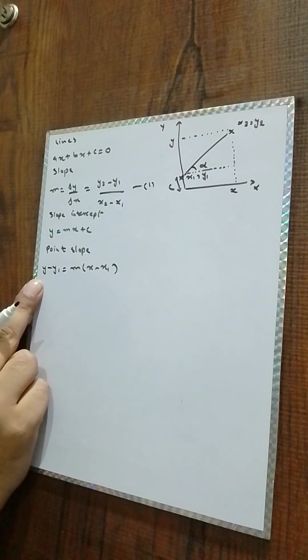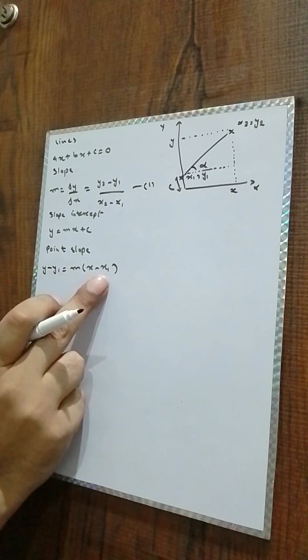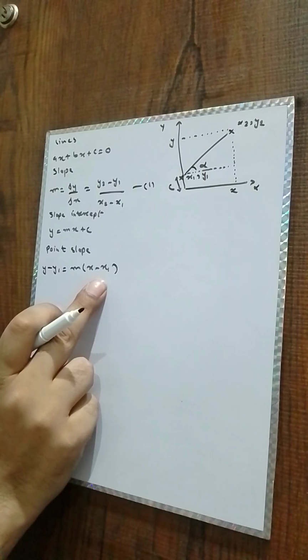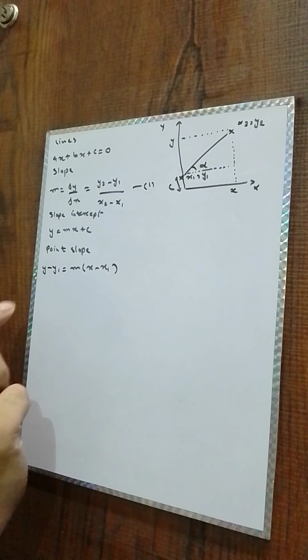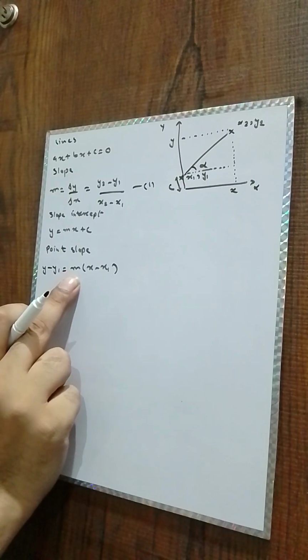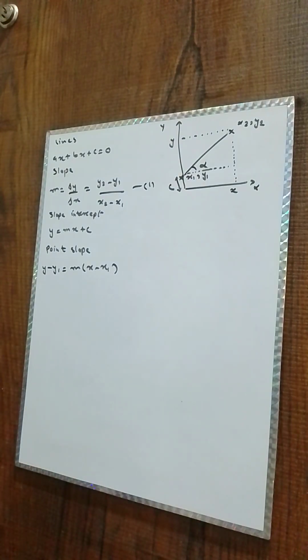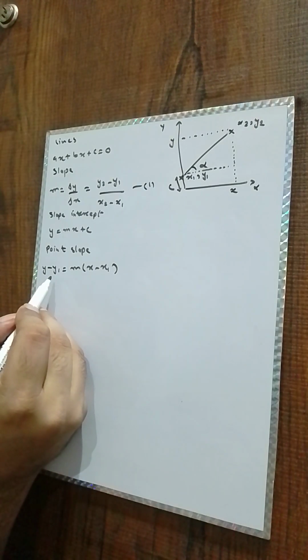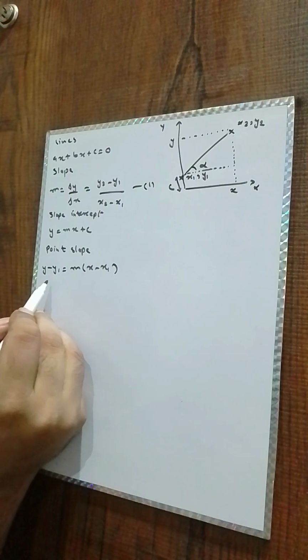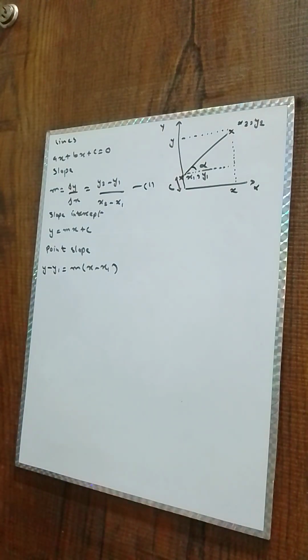What it means is we don't know y and x, but we know y1 and x1, and we can graphically estimate m, or we are given these values. So we plug in the values m, x1 and y1, and then we have a general form for the line equation.